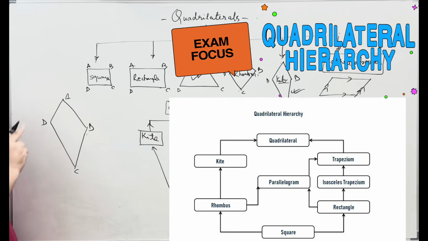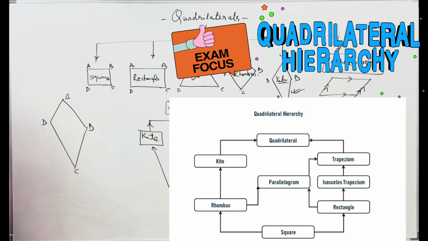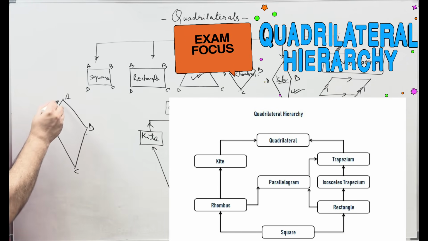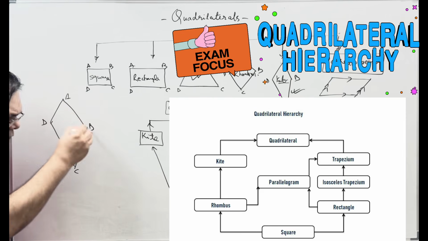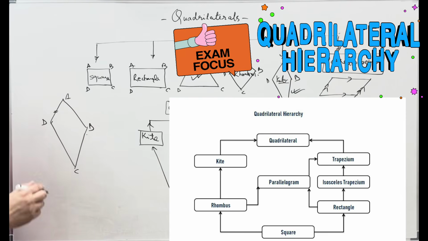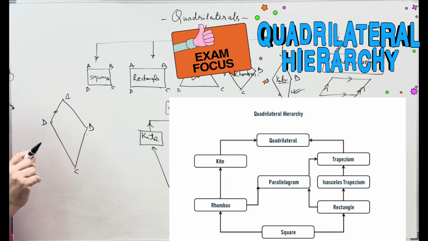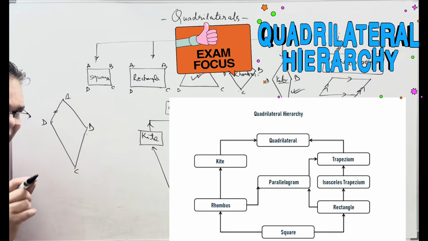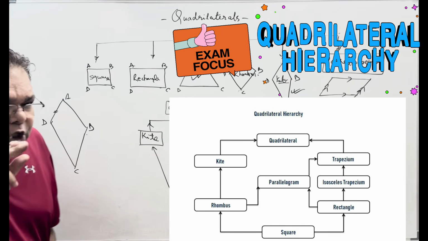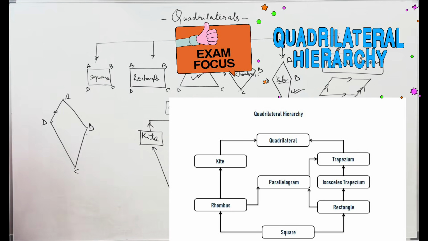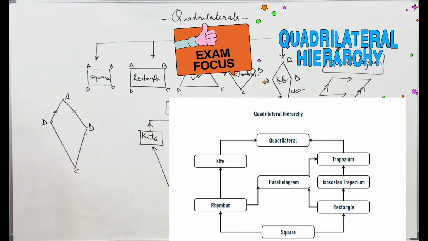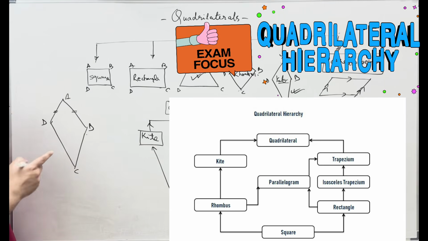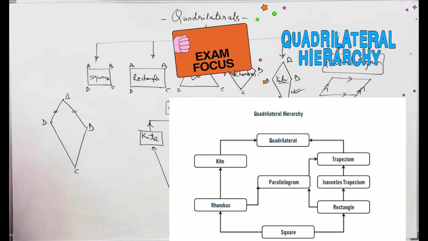A kite is a quadrilateral in which the adjacent non-overlapping sides are equal. Which are the adjacent sides in this quadrilateral? AD is adjacent to this, and this is adjacent to this also. So in a kite, the adjacent sides are equal, but we use the word non-overlapping. That means if we take these two sides equal, we are not considering these two sides next time.